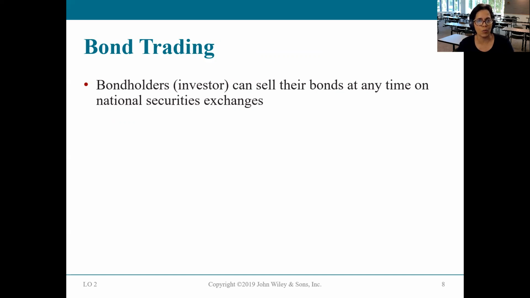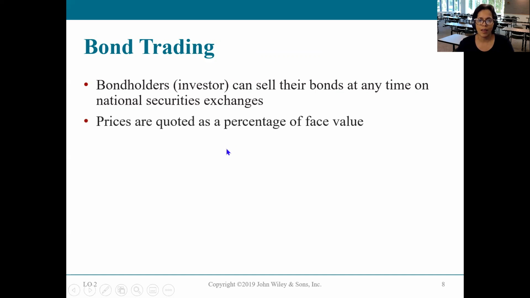They could sell it in the open market, in the Securities Exchange. The prices are quoted as a percentage of face value. So the face value is 100%, and then it'll be quoted as a percentage of that number. If it is 98, it means 98% of face value. If it's 103, it's 103% of face value.